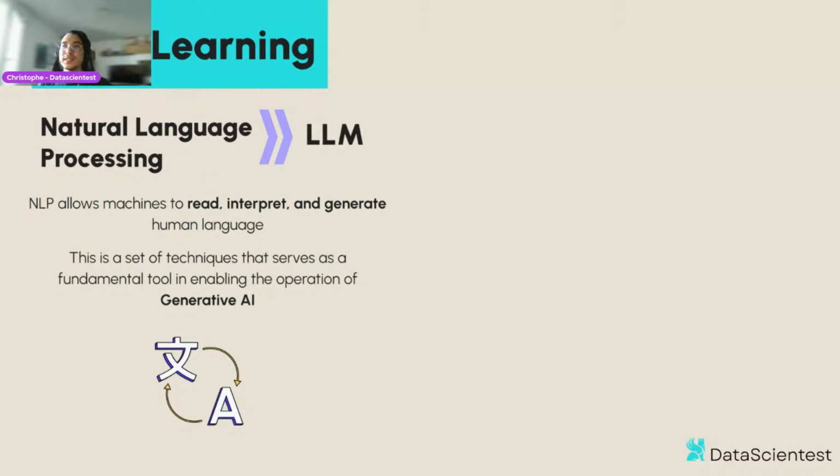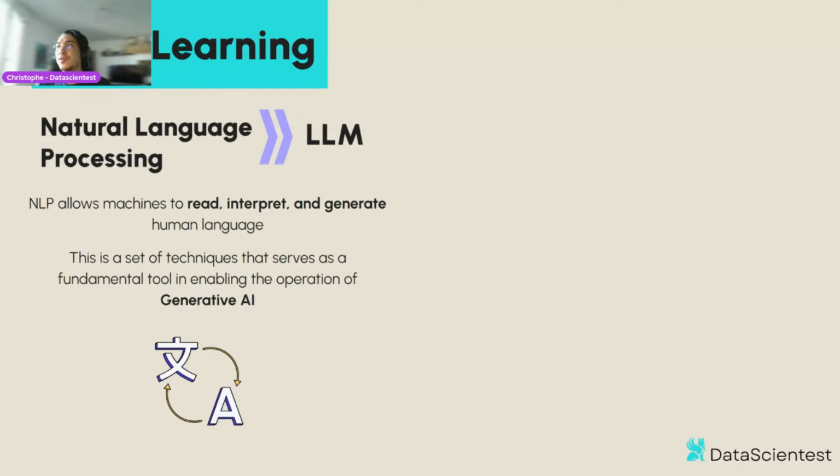This is a set of techniques that is fundamental to any generative AI tool. Because when you are using a generative AI tool, you are going to prompt it. So you're basically going to write an instruction. And if the model is not able to understand properly what you are writing to it, then it won't give you the proper answer.